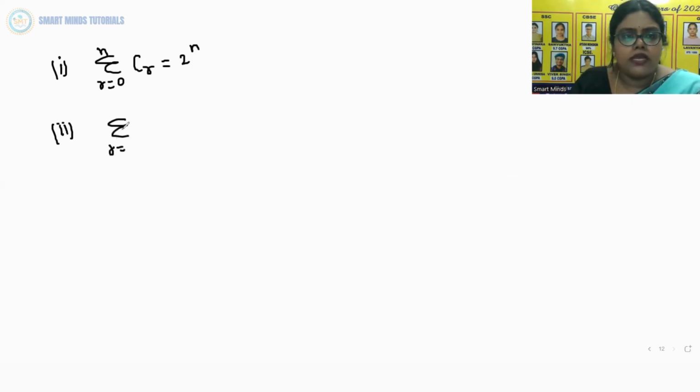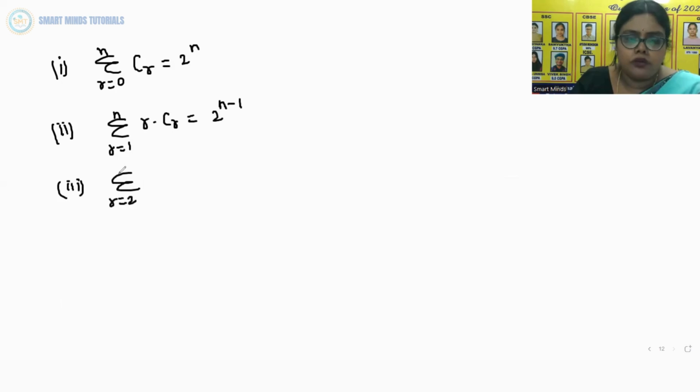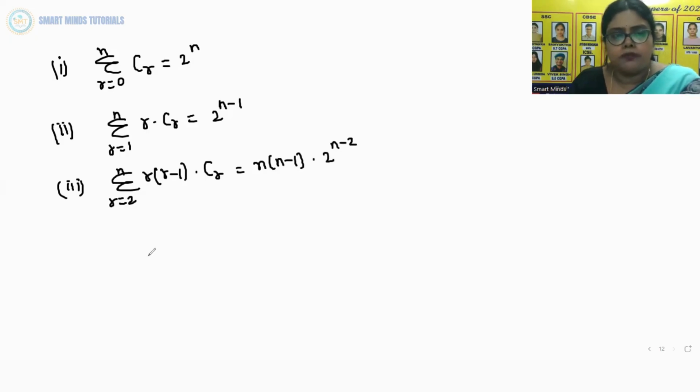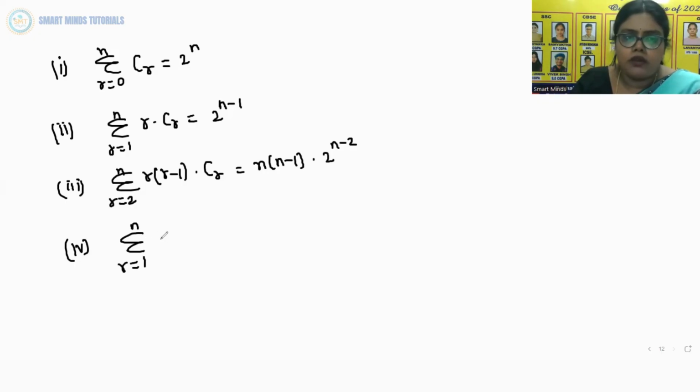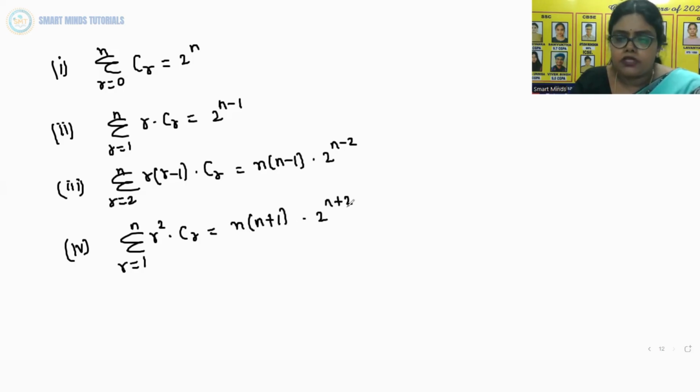Sigma r = 1 to n of r Cr is n·2^(n-1). Number 3: sigma r = 2 to n of r(r-1) Cr is equal to n(n-1)·2^(n-2). Then the fourth result: sigma r = 1 to n of r^2 Cr is equal to n(n+1)·2^(n-2).